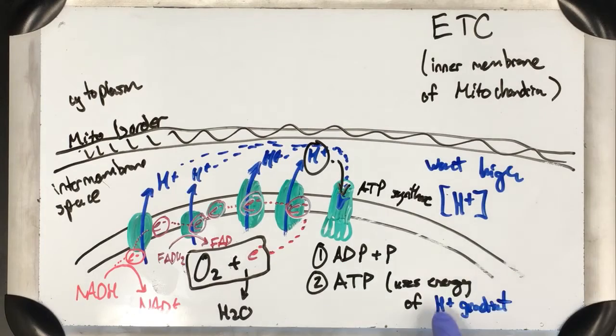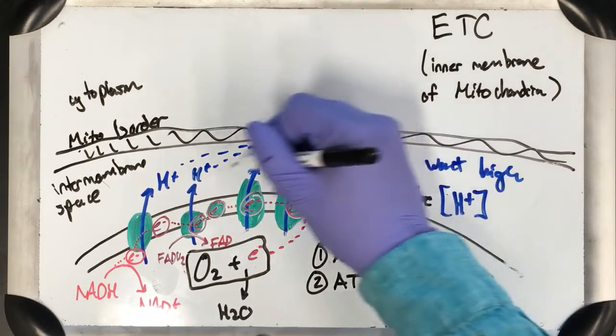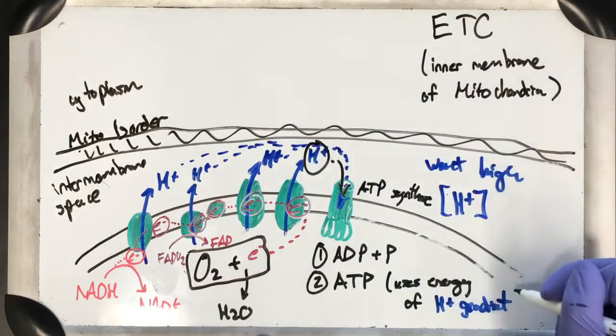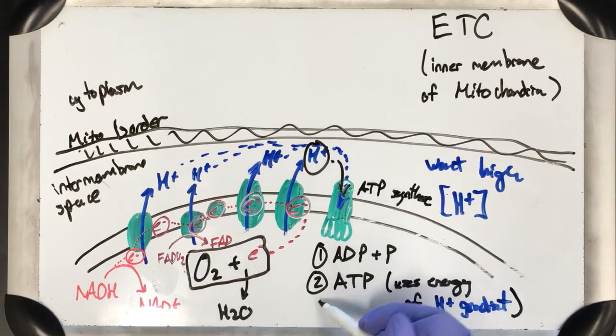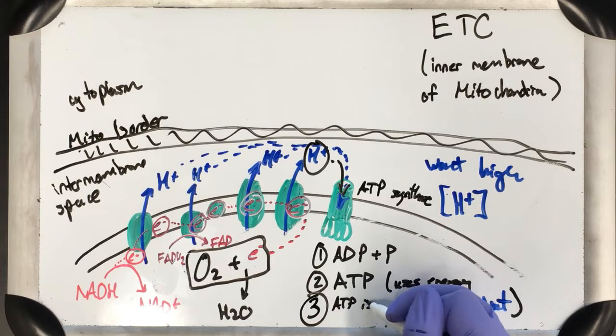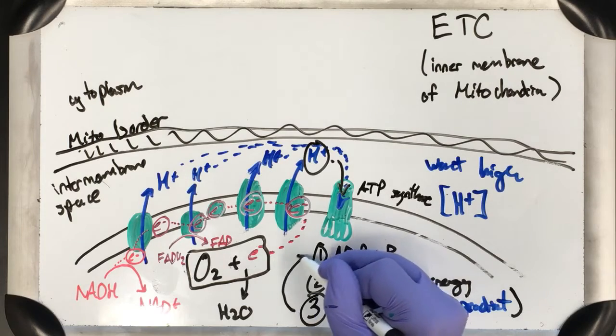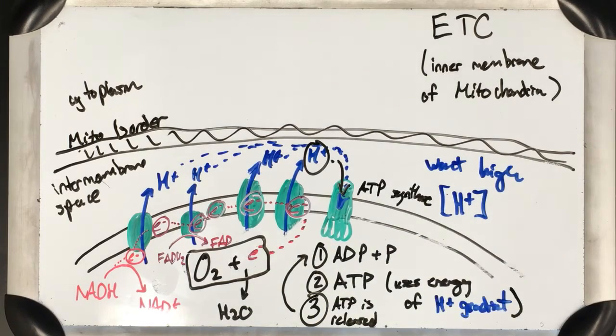Okay? So that's what's powering this motor, is essentially that all these want to bind so badly. Because every time that one of these binds, one of these steps happens. And the third step is that ATP is released. And then we go back and do it all over again.